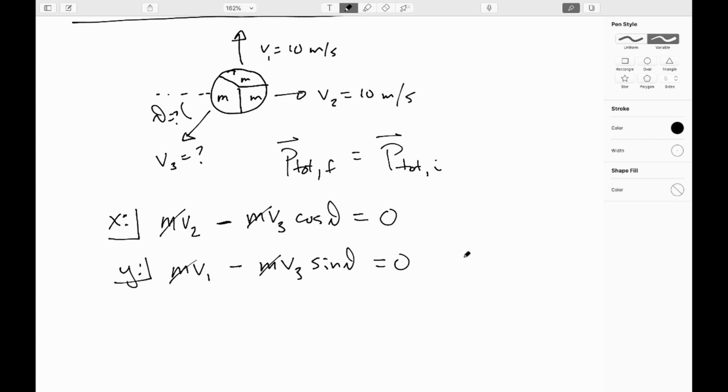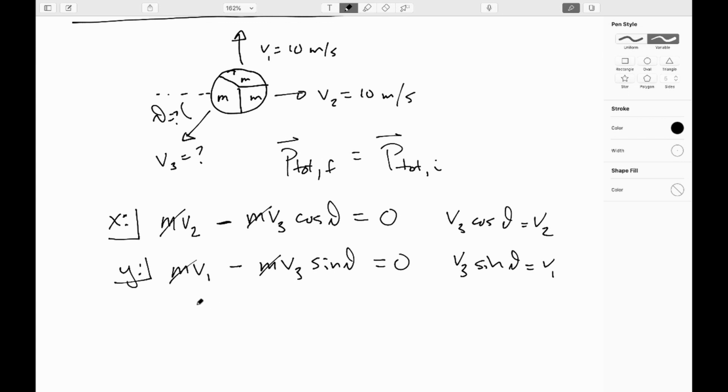So this relation will tell me that v3 sine theta equals v1. This will tell me that v3 cosine theta equals v2. So is there a way that I can isolate at least something? The answer is yeah. If I were to take the y equation divided by the x, I would cancel v3 and leave me with a tangent of theta.